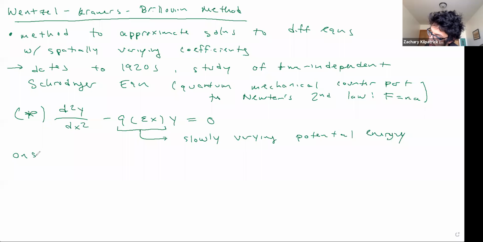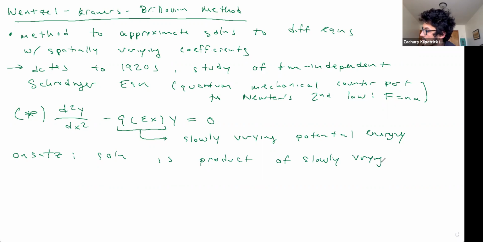And the ansatz that we're going to make is that the solution is the product of slowly varying and exponentially varying terms. Okay.